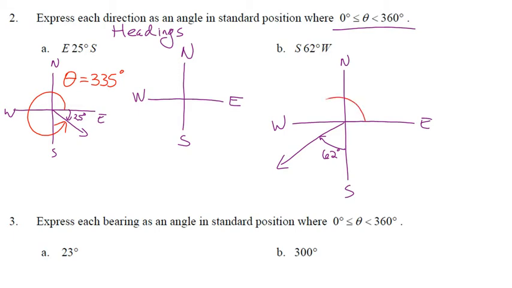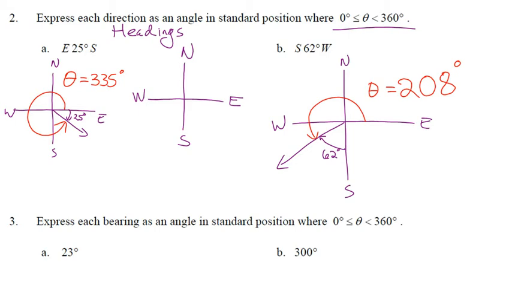We say here's the positive x-axis, and theta is how much? 208. Yeah, it was 180 plus 28. So you got the idea, right? We're going to hit this when we formalize how to get these reference angles. Okay, so those are headings.